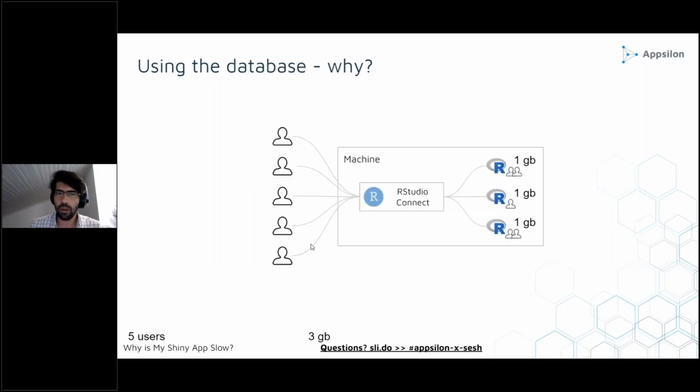So let's take an example. Let's go back to our small application. We have 5 users. We have our machine, and we have a few different R processes that are running, some of them running the Shiny applications for those users. If we assume that the data is around 1 gigabyte, each of those processes is using 1 gigabyte of memory.